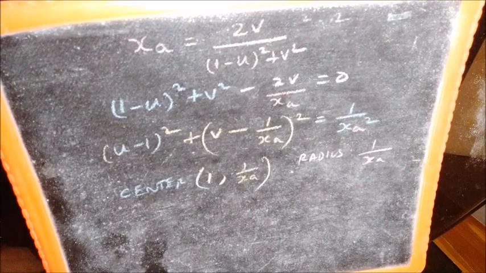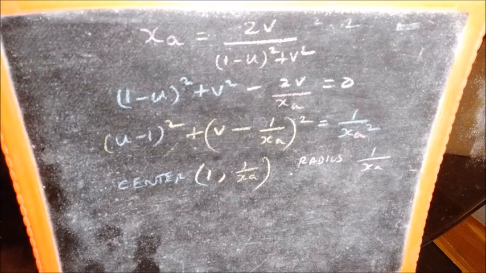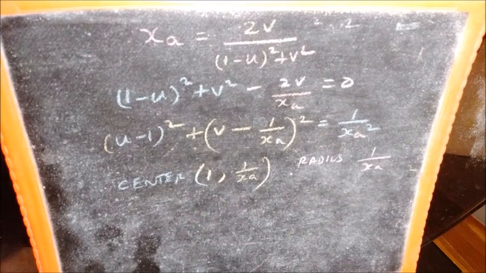So we have two sets of circles. In fact, the first circle had its center at Ra by 1 plus Ra, 0, and the radius was 1 by 1 plus Ra. So it was a function of Ra. The circle itself was a function of Ra in the sense its center and radius was a function of Ra. Here you see that the center and the radius is a function of xa.